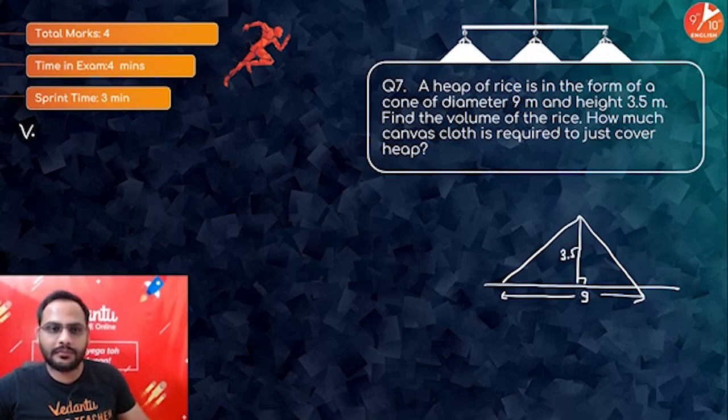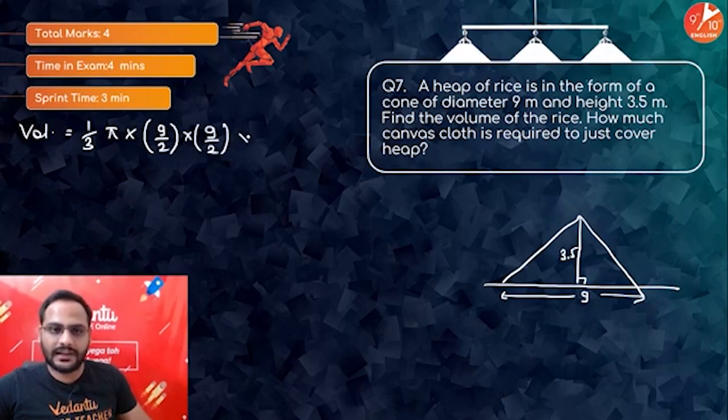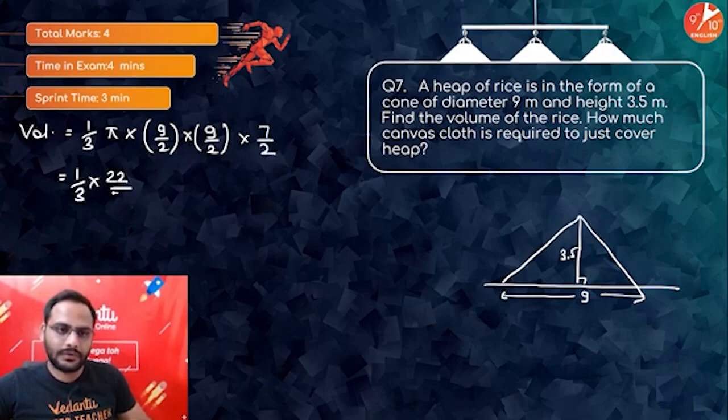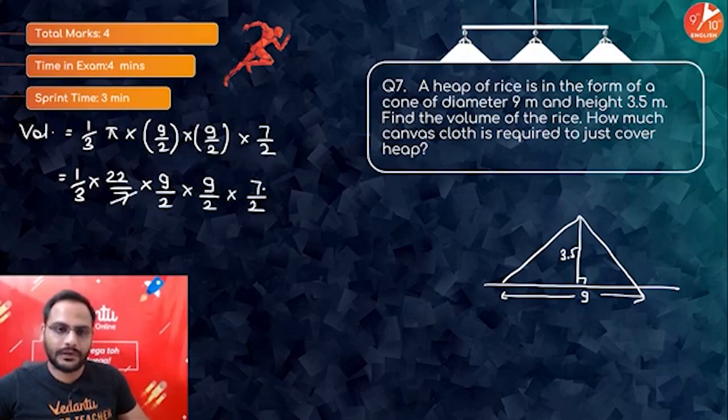So first thing simple, volume 1 by 3 pi r square h, with r as 9 by 2, and h, 3.5, I can say is 7 by 2. So 22 by 7, 9 by 2 into 9 by 2, cancelled 11 times, 3 times.